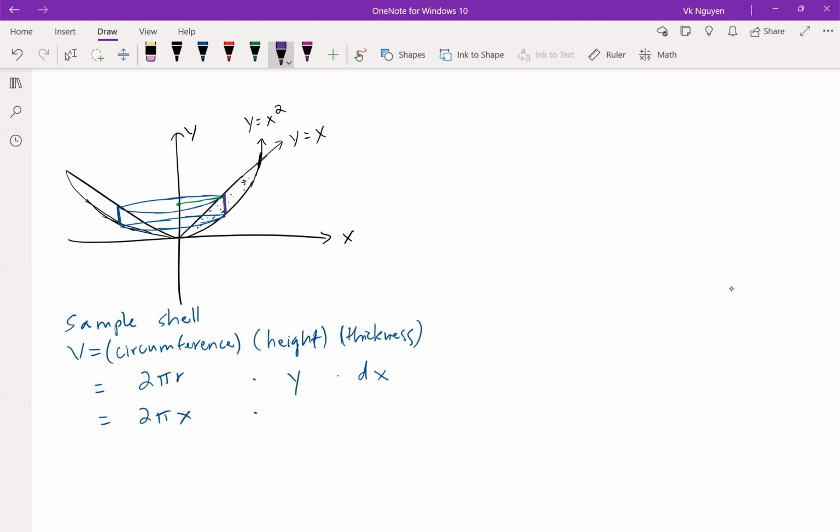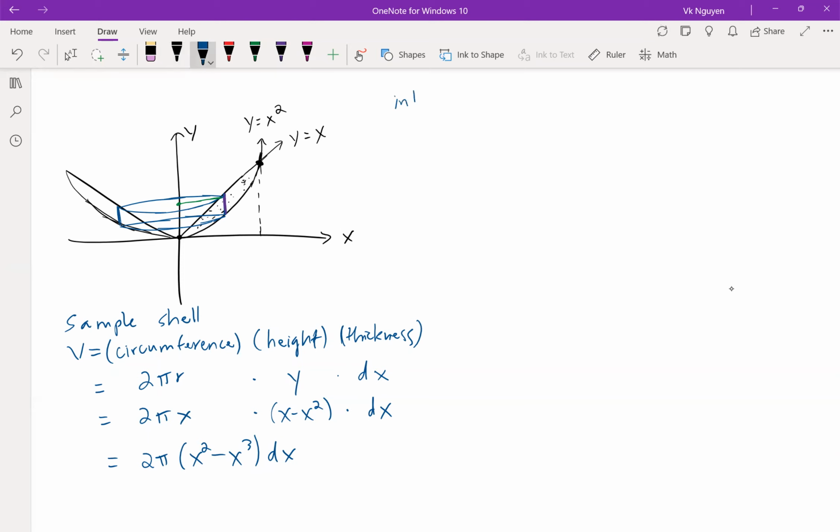The function above minus the function below. So that's x minus x squared, dx, right? 2 pi times x squared minus x cubed dx. Ooh. We can figure out the intersection here, because we're going to integrate from these two intersection points.